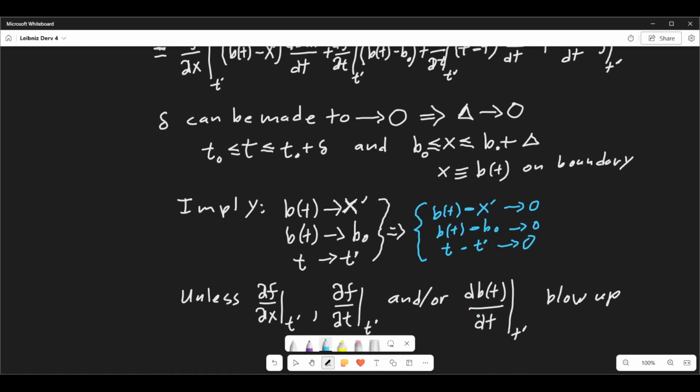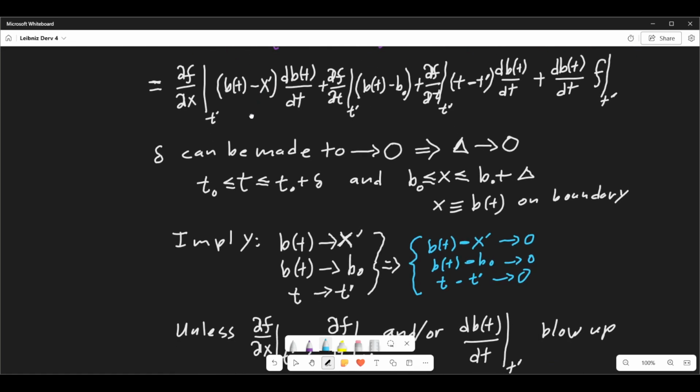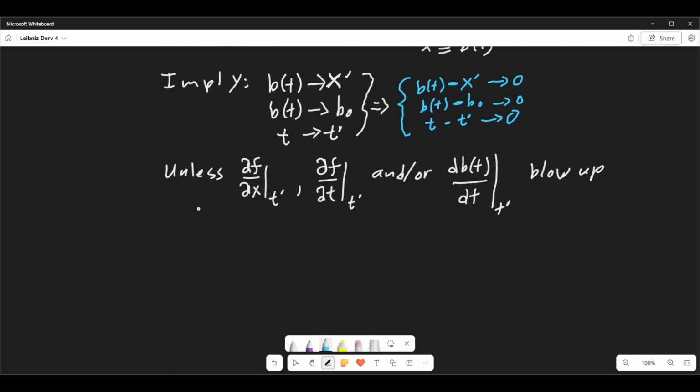So long as these guys do not blow up, all of this term is basically going to go to 0. So this is going to 0, this is going to 0, and this is going to 0. The only thing that would prevent this entire term from going to 0 is if this or this or that basically increased so much that it contradicted the limit. So unless these guys blow up, all of these terms are going to go to 0.